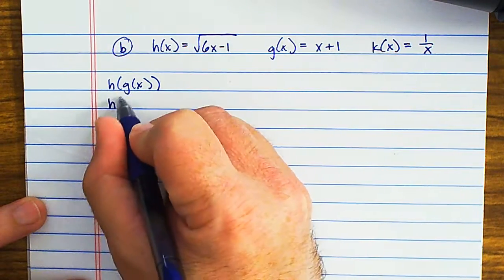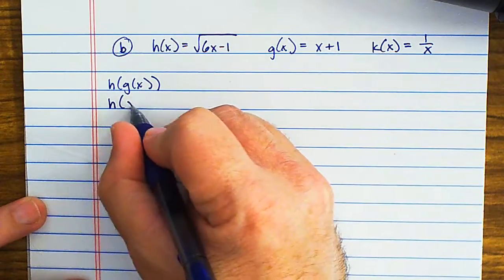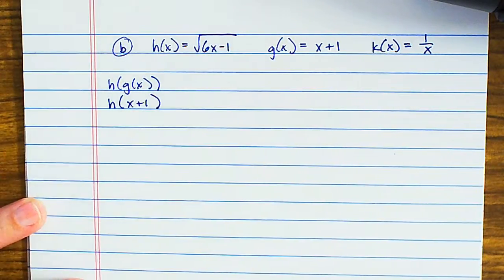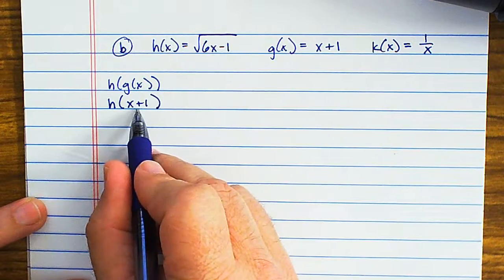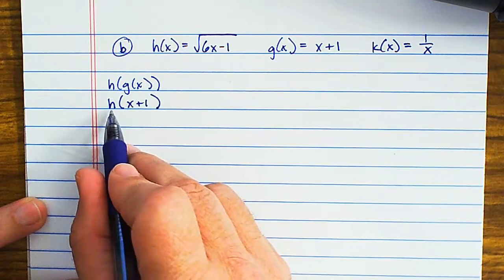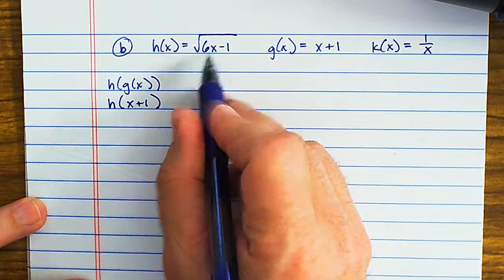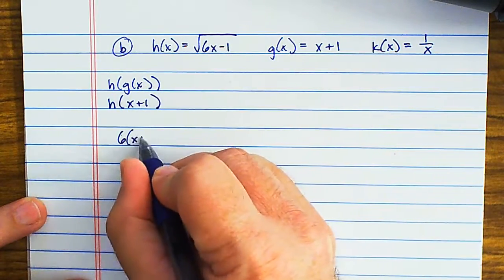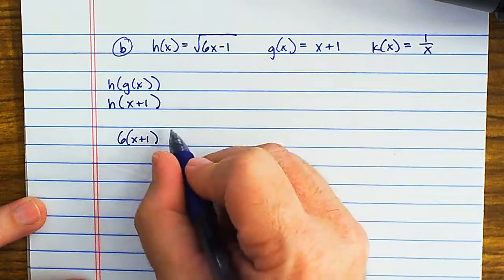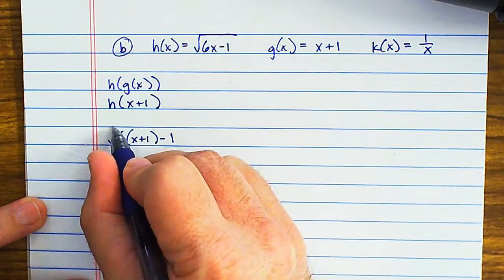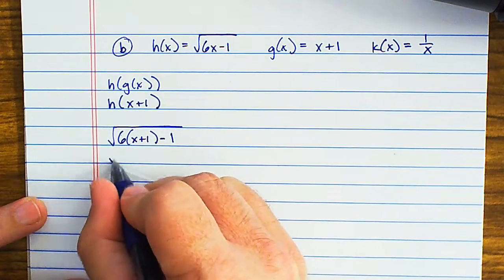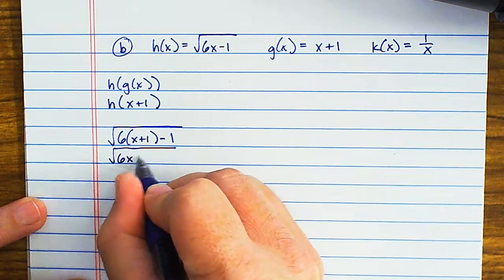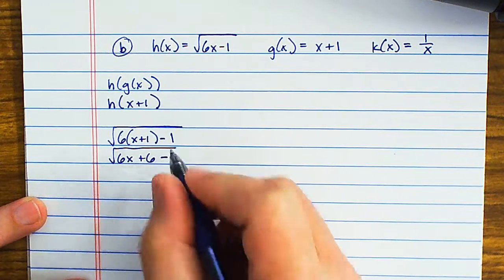hg of x means h, and then g of x is x plus 1. So that means we're going to take x plus 1 and put it into the x value of the h function. So instead of 6 and then x, it's going to be 6 times x plus 1, then I got a minus 1 back here, all under a radical, which is the square root of 6x plus 6 minus 1.